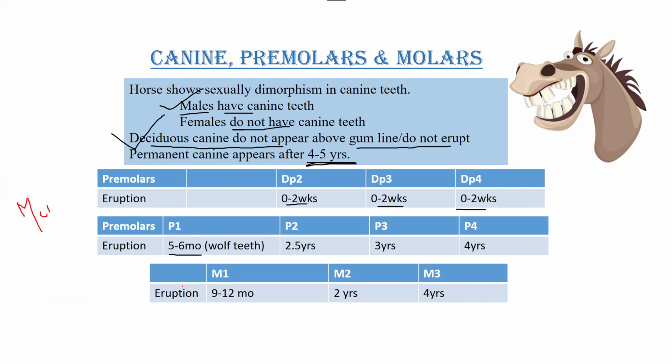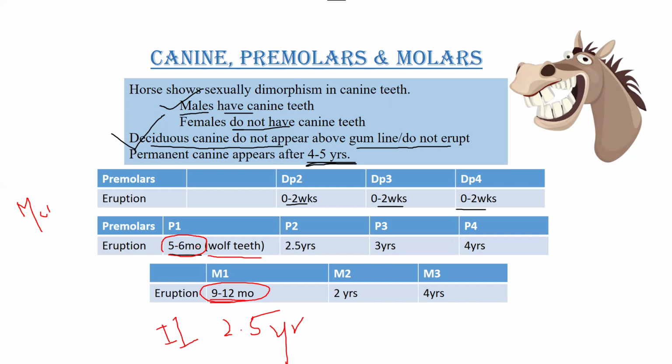The first molar is the first permanent tooth to erupt, at 9 to 12 months, and not the first incisor, which erupts at 2.5 years. But here you can see, then what about this? Yes, it's the first premolar and it's permanent.